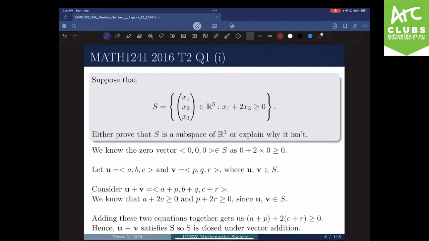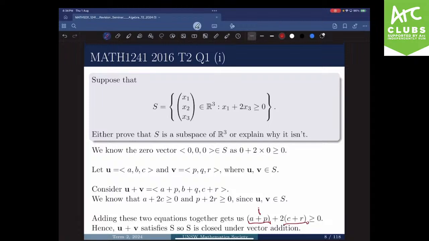We can also show that it's closed under vector addition. If we consider two arbitrary vectors u and v in S, then we consider the vector u plus v, which is (a plus p, b plus q, c plus r). Since a plus 2c is greater than or equal to 0, and p plus 2r is greater than or equal to 0, because u and v are in S, we can combine these two inequalities and get that a plus p plus 2 times c plus r is greater than or equal to 0.